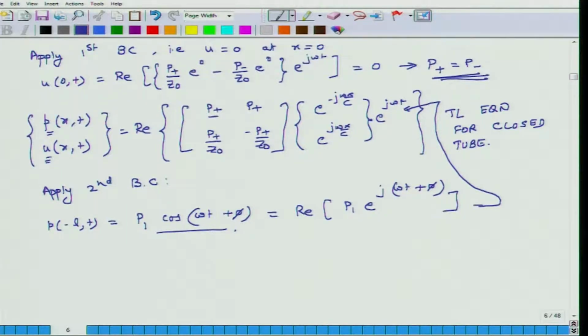Okay. So this is my boundary condition, and I plug this boundary condition in the first equation. So the left hand side is P of x and t, which is this thing. So I write real of P1, and please remember P1 is real, we have defined P1 as real.